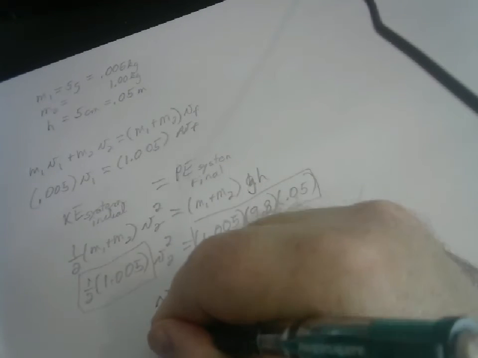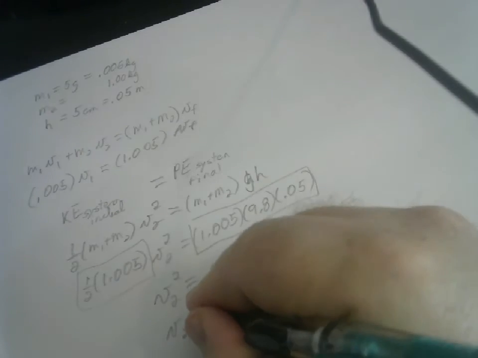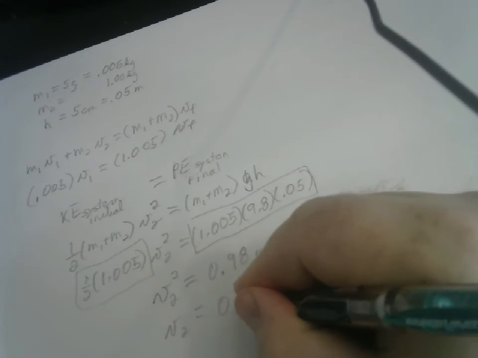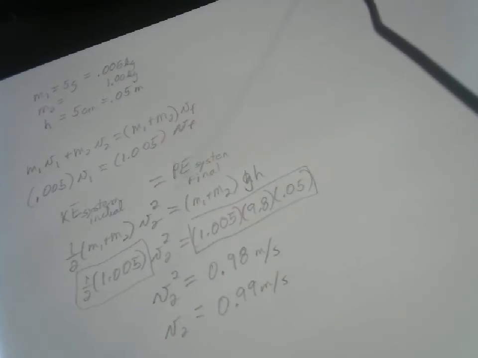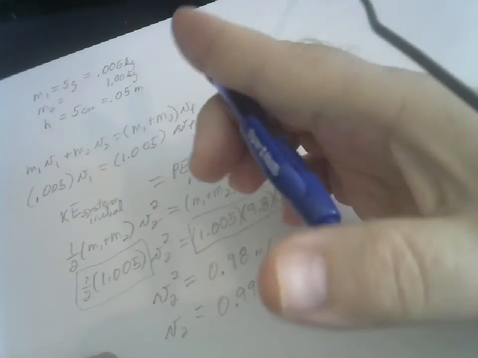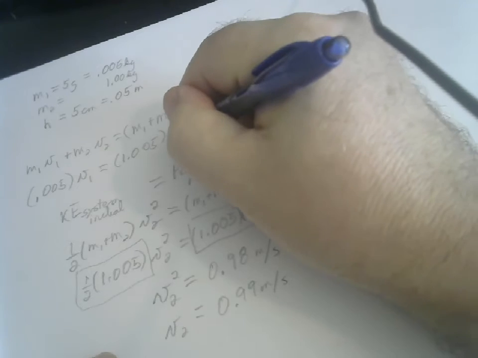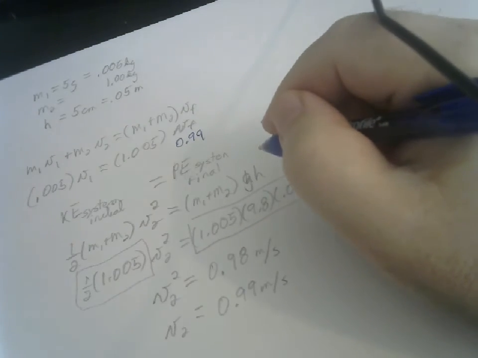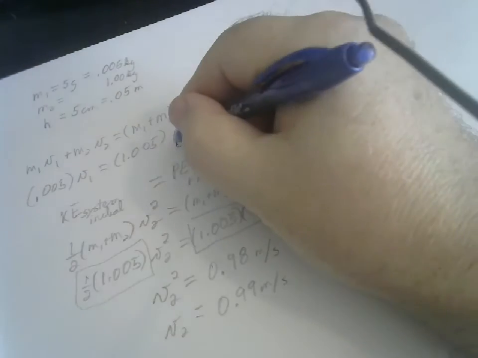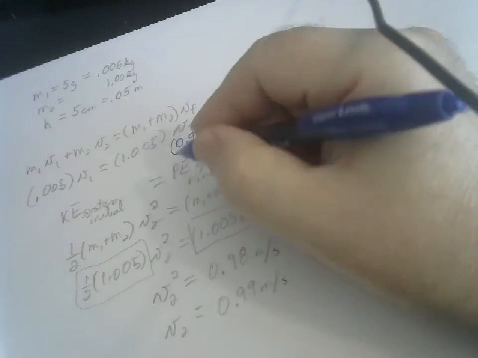So v2 equals 0.99 meters per second. I changed the notation; that was called v final before, so this will be 0.99. That's the velocity of the block and the bullet after the collision.